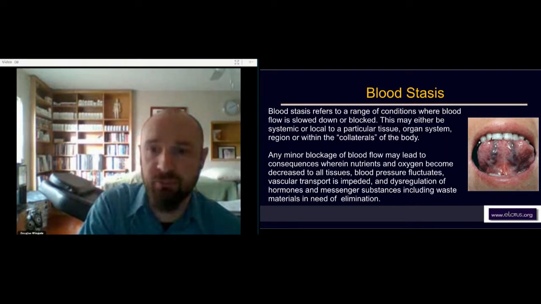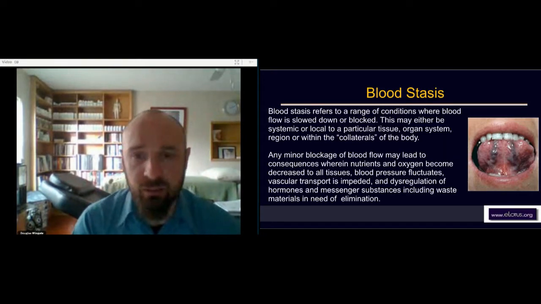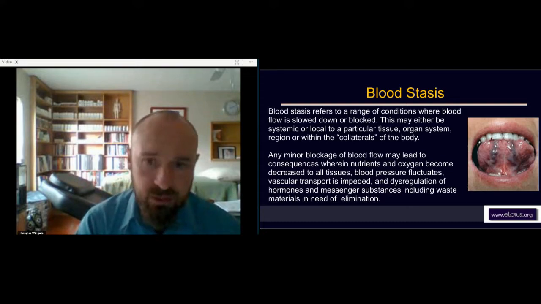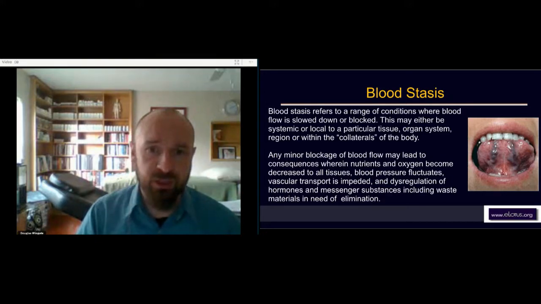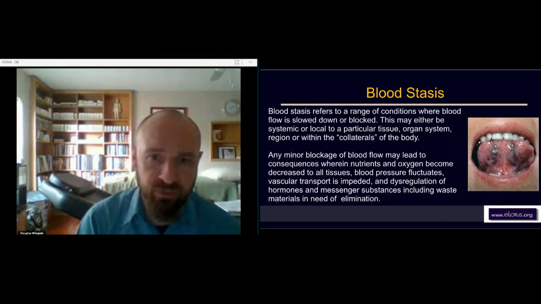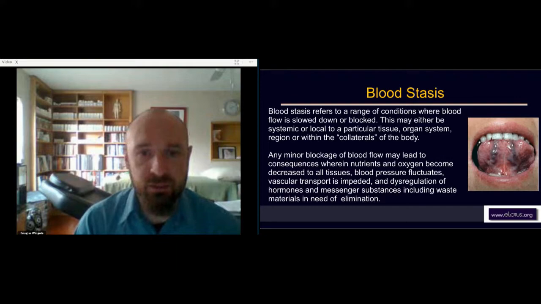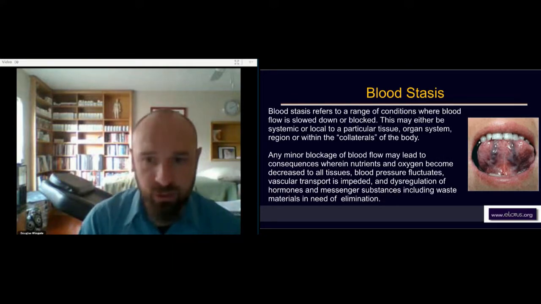So any minor blockage of blood flow can lead to consequences wherein nutrients and oxygen become decreased to any or all tissues. Blood pressure can fluctuate. You can have problems with vascular transport, and it can cause dysregulation hormonally.